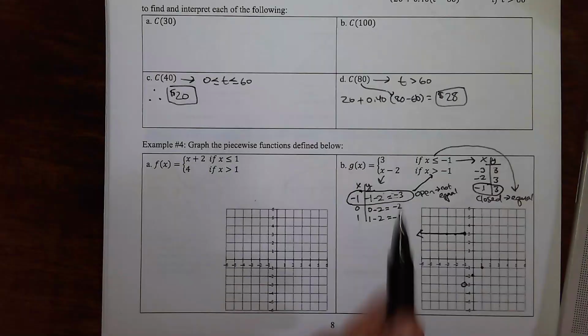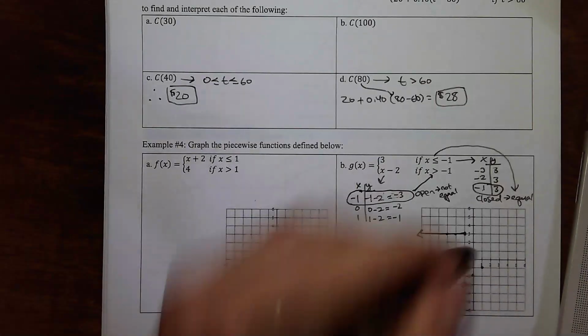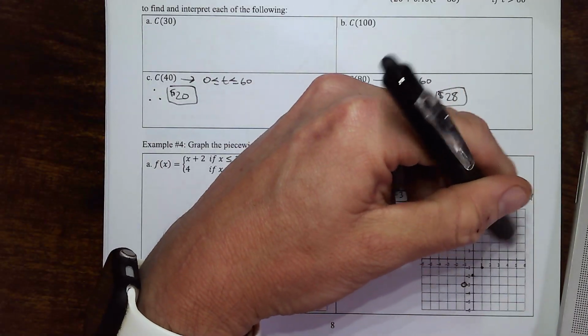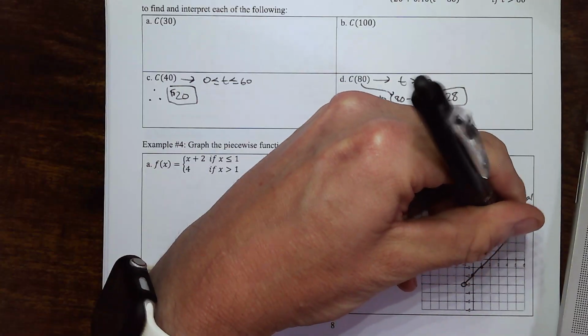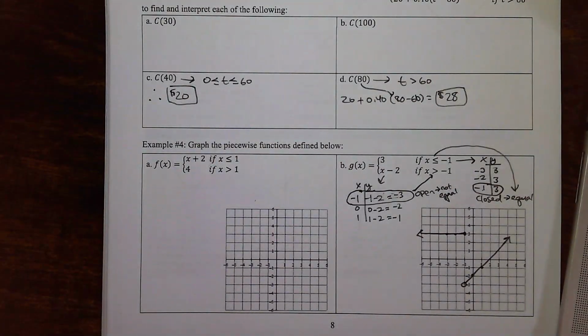Well, it's greater than -1, so it's -1 and above. So I'm looking in terms of x. I'm going to start at -1, and then I'm going to go above. So I'm going to trace the graph to where it's those values above, and it goes on forever. So I'm going to put an arrow here. And so that's my piecewise graph.